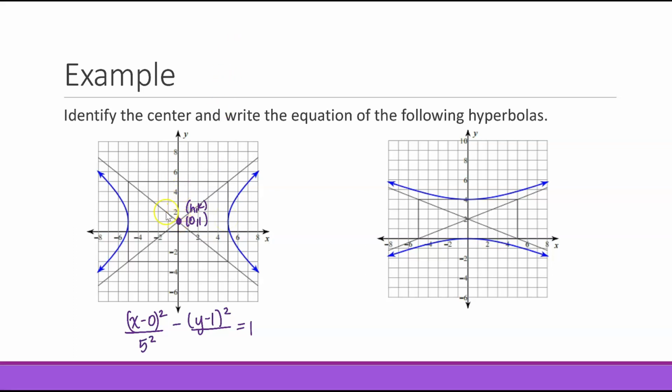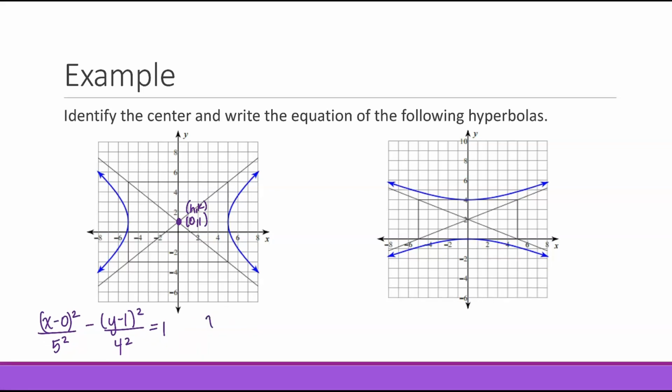So 1, 2, 3, 4 units up should be the same going down, 4 units down. That's the number that I put below the y variable. So if I clean this up a little bit, I'd get x squared over 25 minus the quantity y minus 1 squared over 16 is equal to 1.